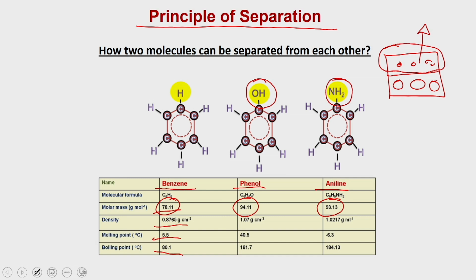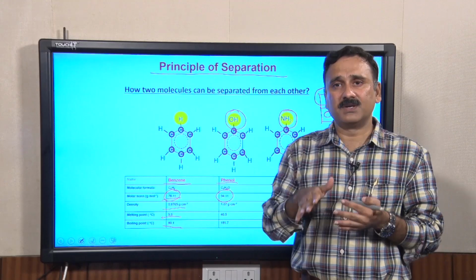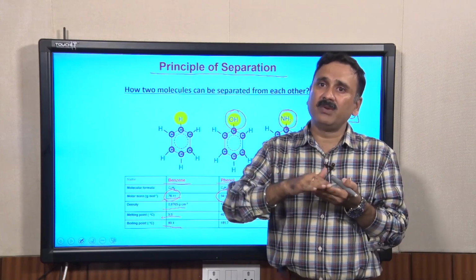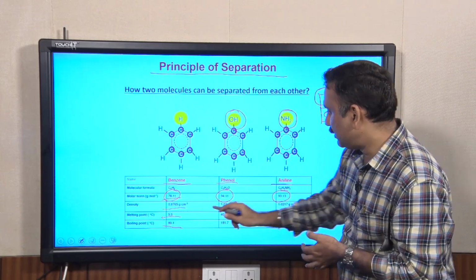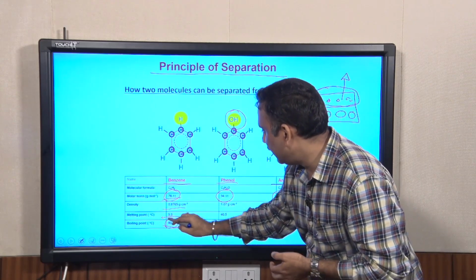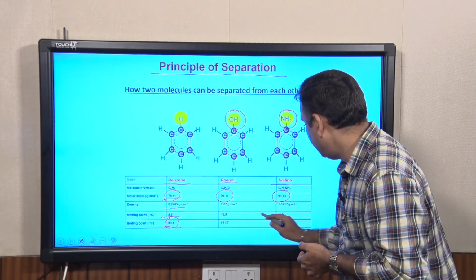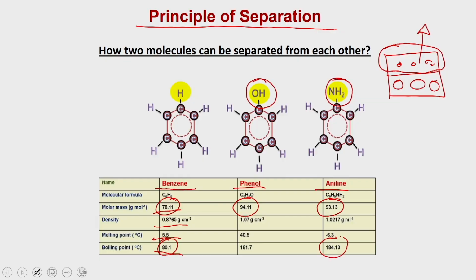And if you remember, following this, we have also taken an example of distillation, how benzene is separated from aniline simply by distillation, because their vapor pressure is different. So benzene tends to evaporate more, because the boiling point of benzene is only 80 degrees, whereas the boiling point of aniline is 184.